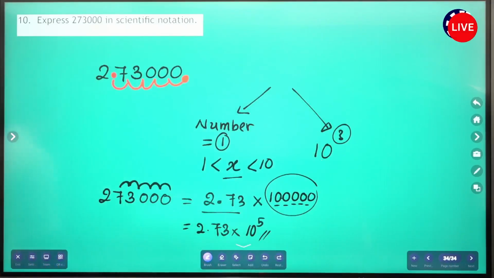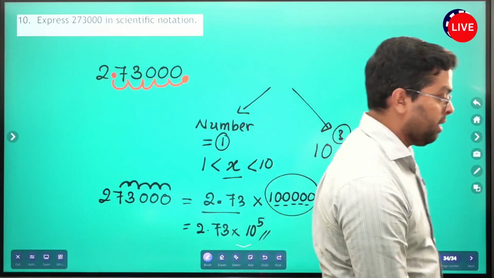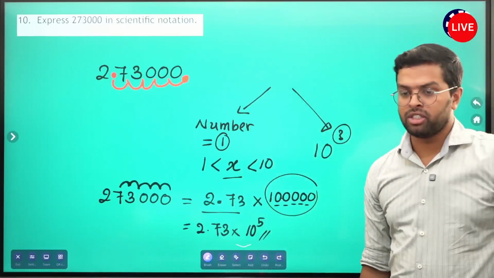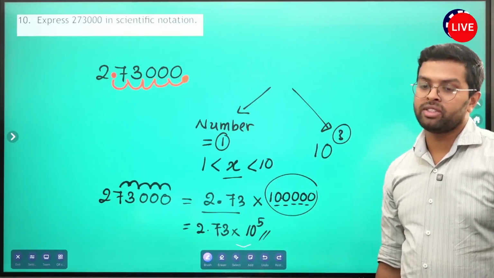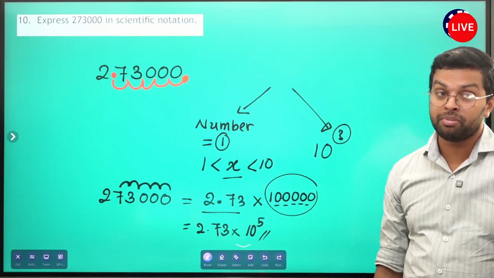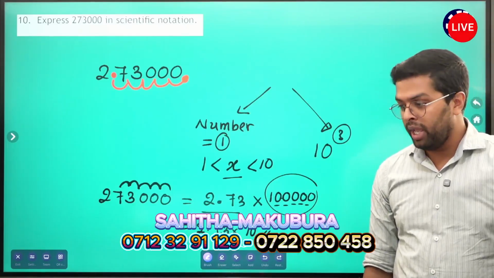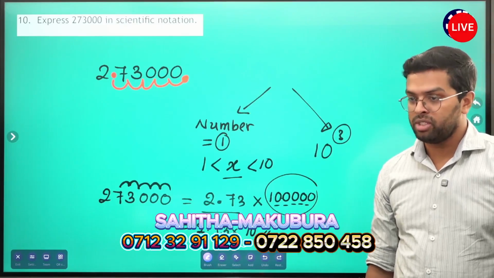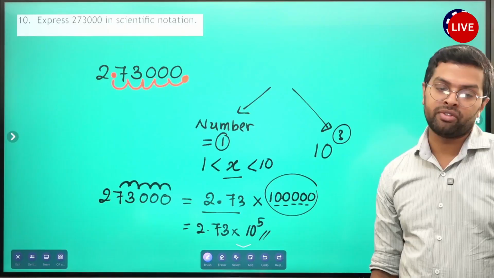Alright. So we have discussed 10 questions from a past paper. This is actually mixed questions from a couple of past papers. We will continue discussing past paper questions as much as possible until you have your school term tests. So today we will stop the class from this particular point, and in another week we'll discuss the rest of the questions.